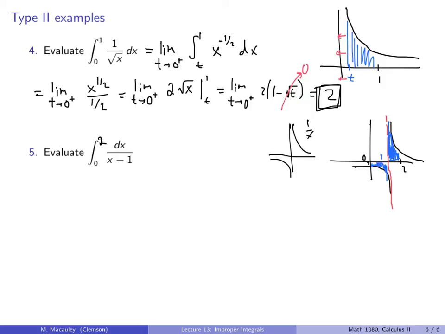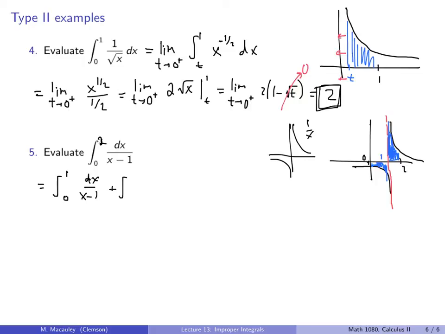So let's use our definition. This is equal to the integral from 0 to 1 of dx over x minus 1. I just copied that down wrong.